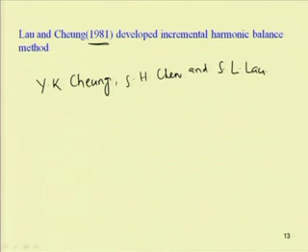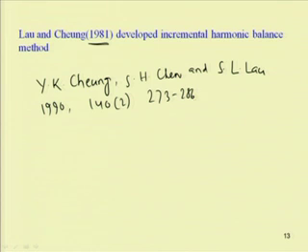So, in this paper, it is in 1990, volume 142, pages 273 to 286 in the Journal of Sound and Vibration. So, in this paper they have applied this incremental harmonic balance method to cubic nonlinear systems.